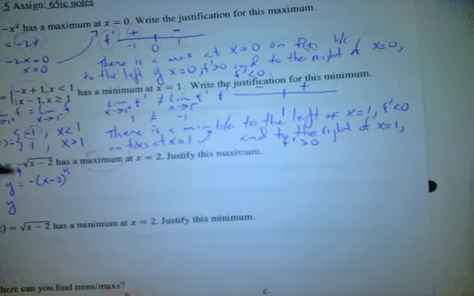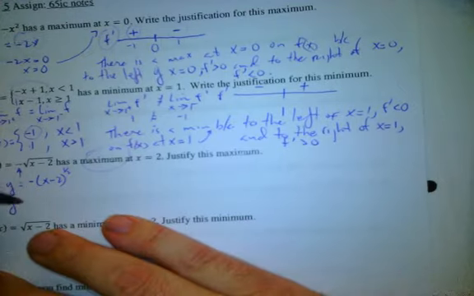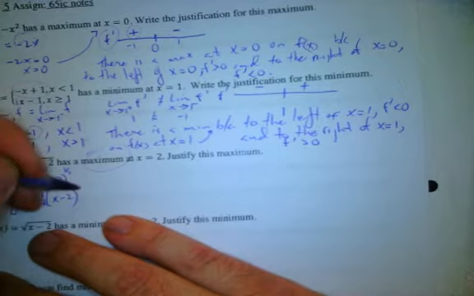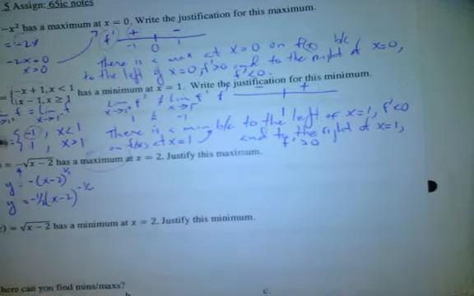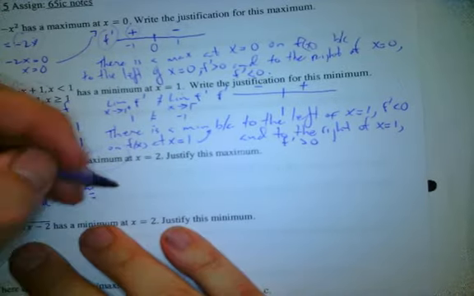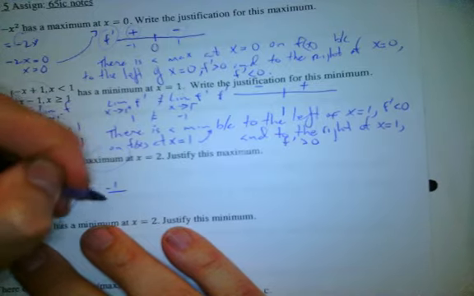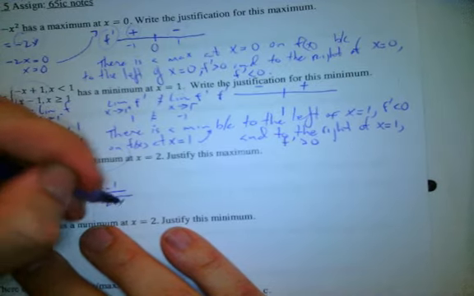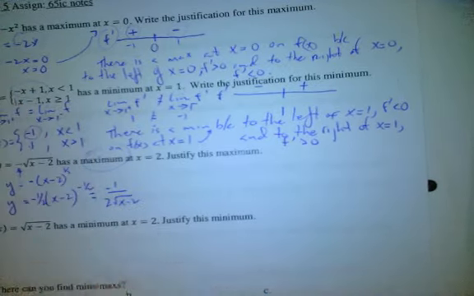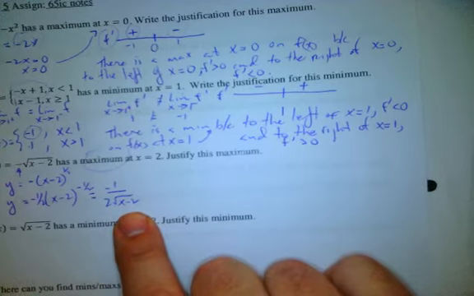Not much of a chain rule problem, but definitely a power rule problem here. And I get negative 1/2 (x minus 2) to the negative 1/2. Or, if you want to write it with radicals, we'd have negative 1 over 2 square root of x minus 2.